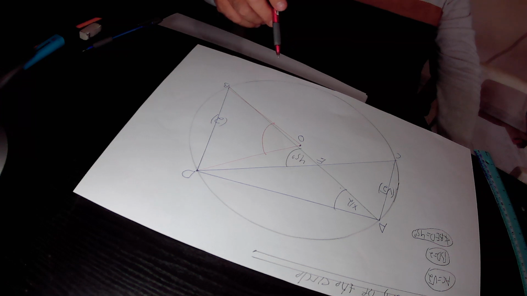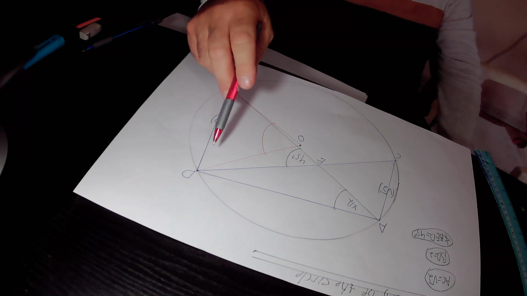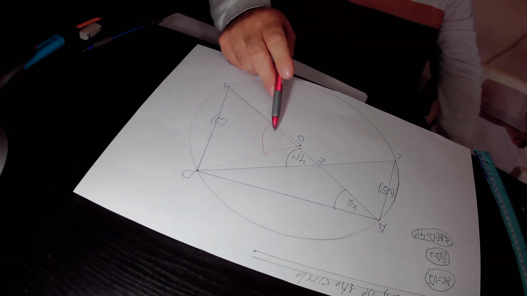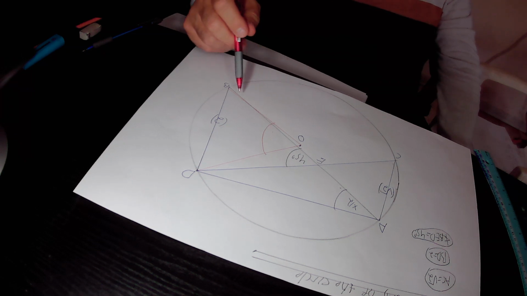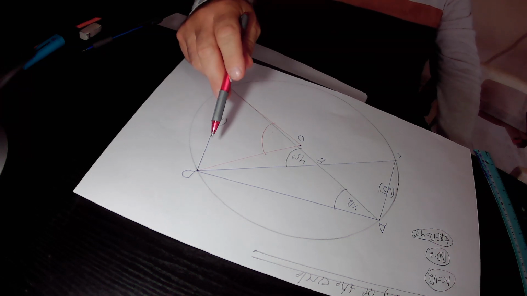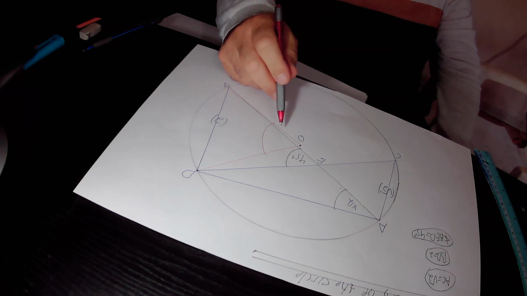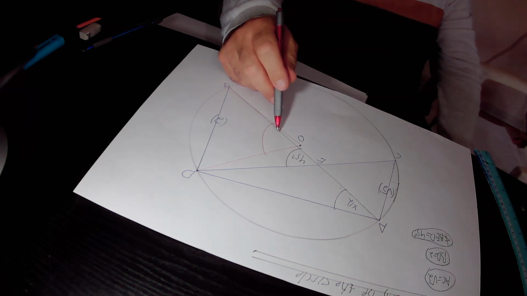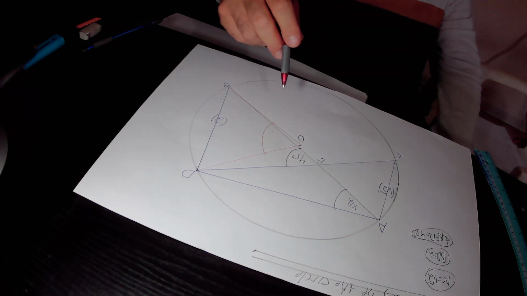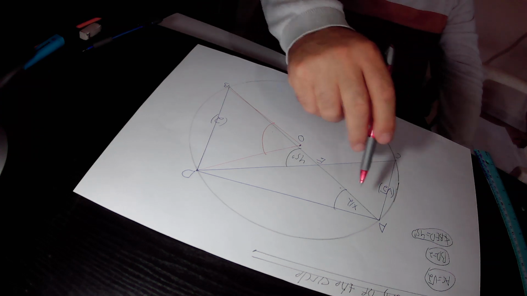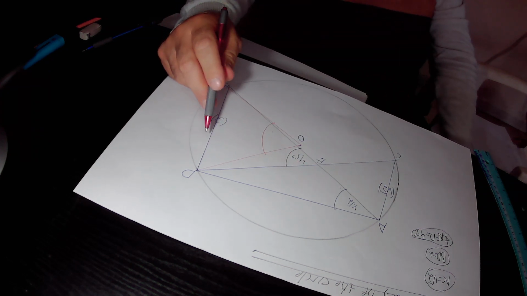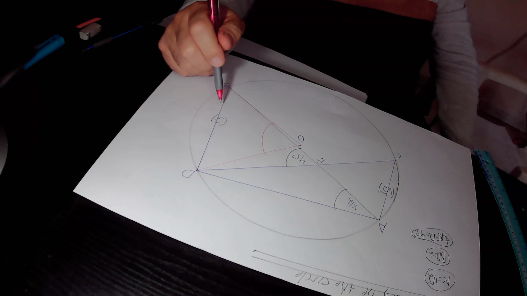We also have center angle DOB, which subtends on the same chord BD. Therefore, the size of the center angle BOD must be twice as large as the size of peripheral angle BAD, because both subtend on the same chord BD.